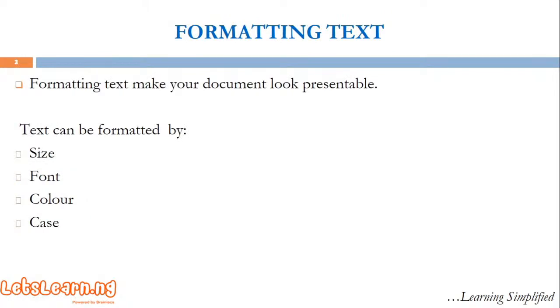Formatting text. What does formatting text actually mean? Formatting text is simply placing your text in a good format to make it look presentable for your audience to see, to read, and also to desire to read it.